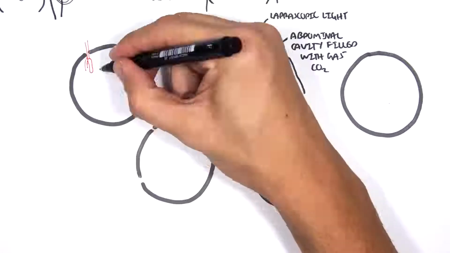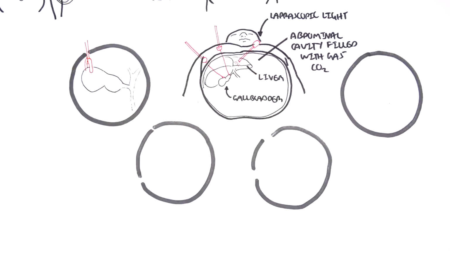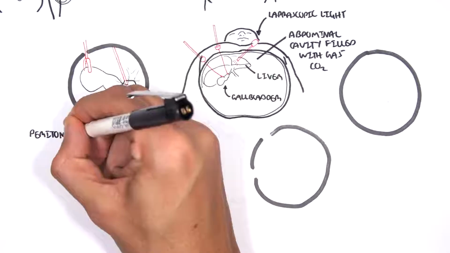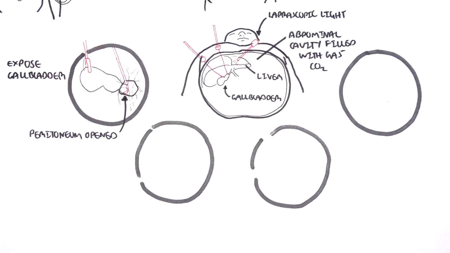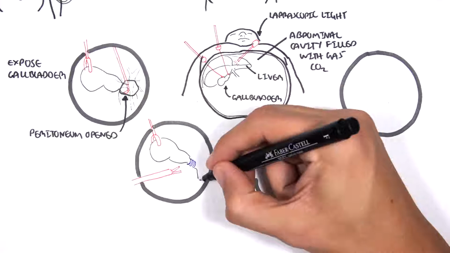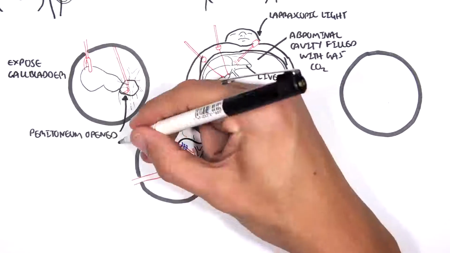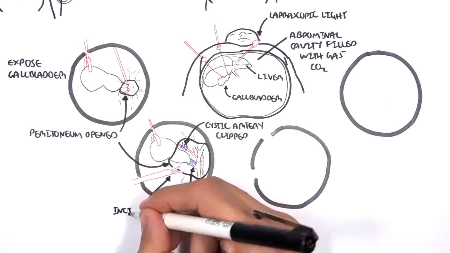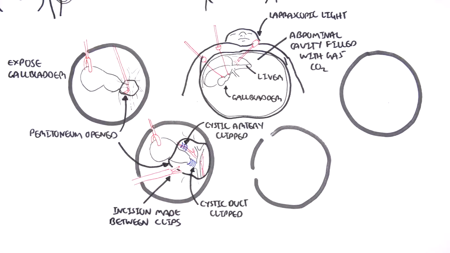Firstly, what happens is that they want to expose the gallbladder because the gallbladder and the digestive organs are surrounded by the visceral peritoneum. When the gallbladder is exposed, the cystic artery is clipped and the cystic duct is clipped. And then incisions are made in between the clips.